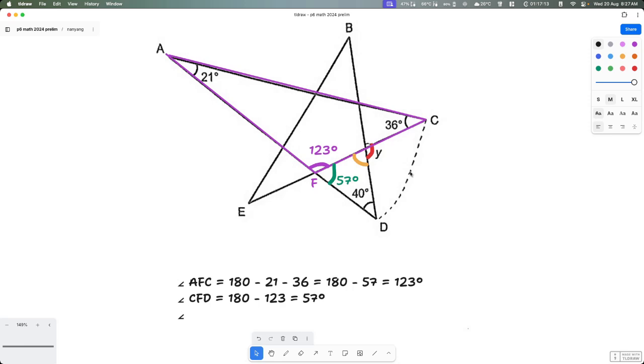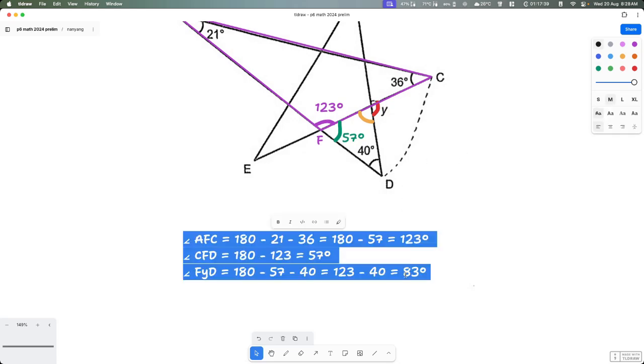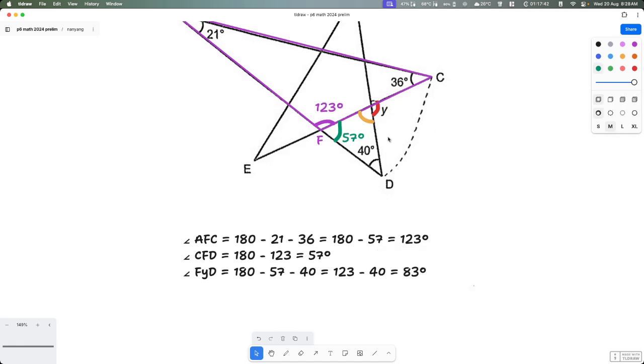I will put Y, so we get angle FYD. FYD is equal to 180 minus 57 minus 40. So 180 minus 57 is 123, minus 40. This will give us 83 degrees. So the yellow one is 83 degrees.